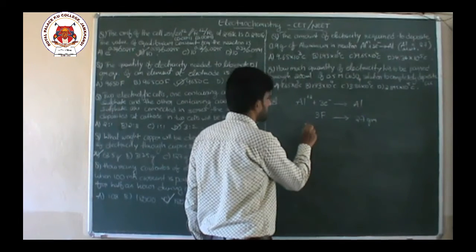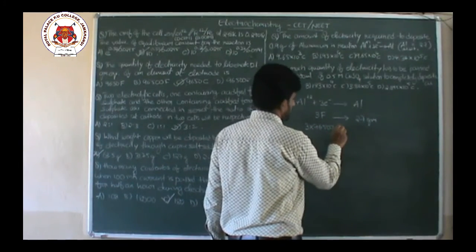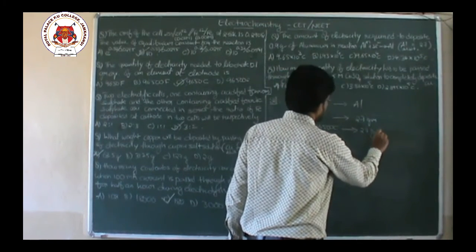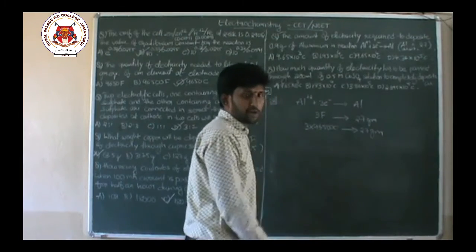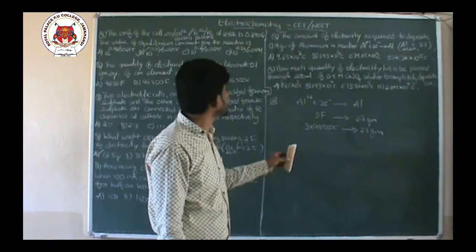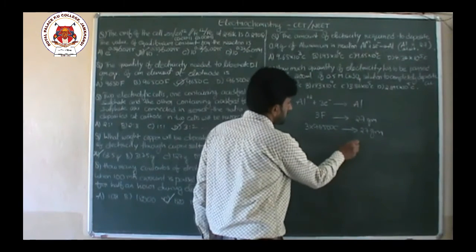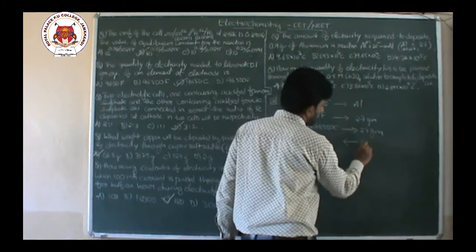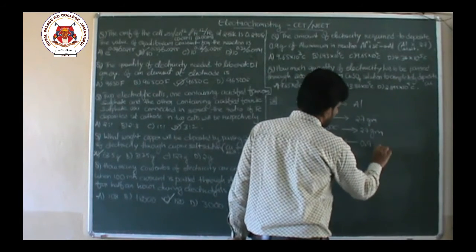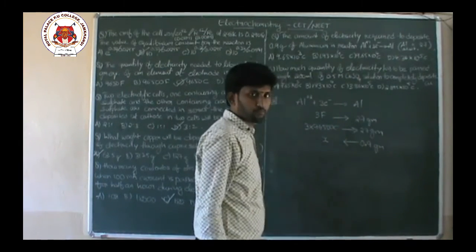3 Faradays means 3 into 96,500 coulombs. Right or not? Yes. 3 into 96,500 coulombs charge is required for deposition of 27 grams of aluminium, but our question is asking 0.9 grams of aluminium. So 0.9 grams of aluminium requires how much charge?